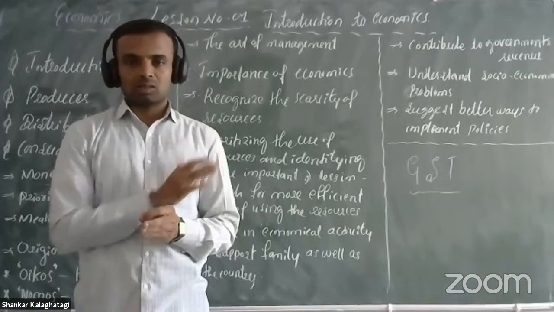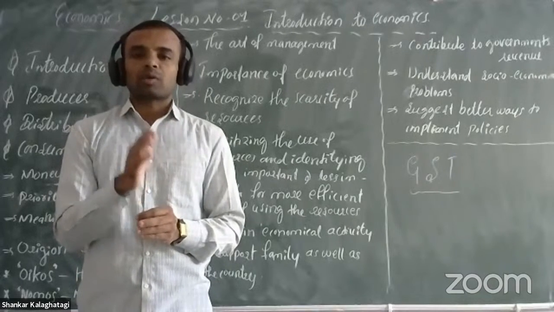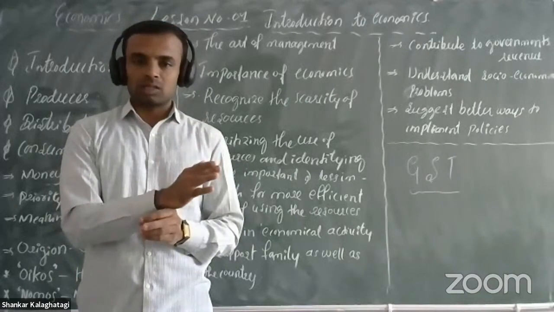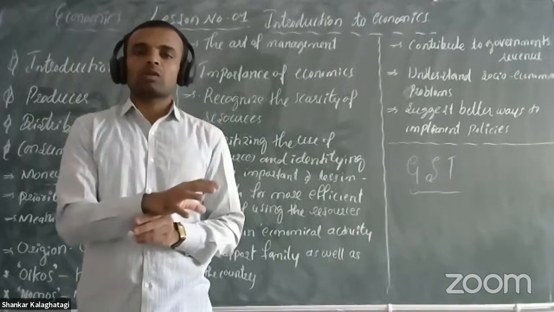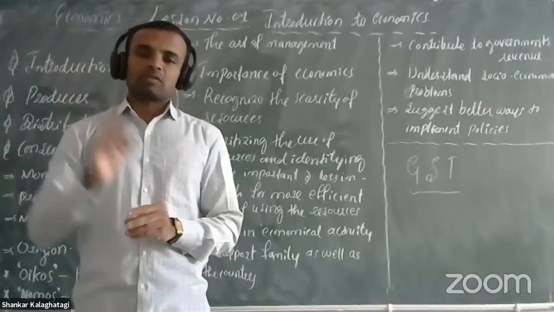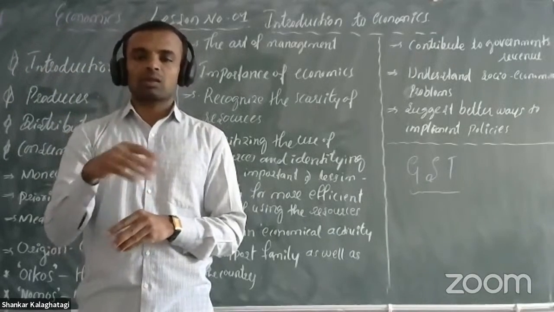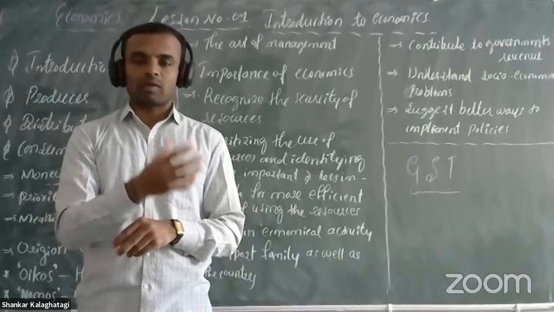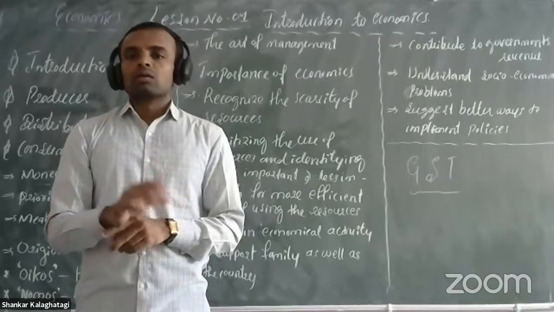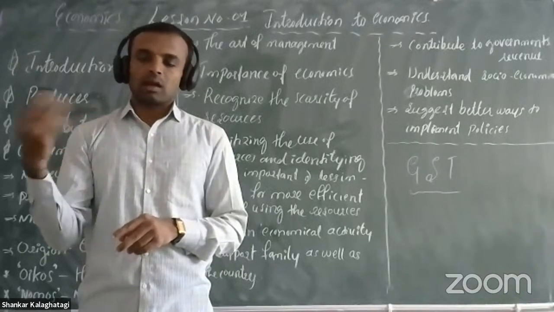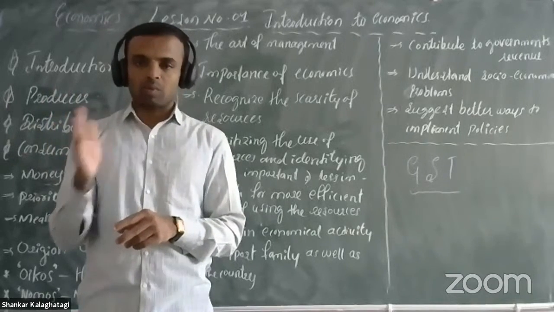For example, in the sugar industry, sugar and jaggery are produced, and the manufacturer will purchase the raw material from other people, meaning from the farmers. Whatever other raw materials he requires to produce jaggery and sugar, he will contact the raw materials provider.